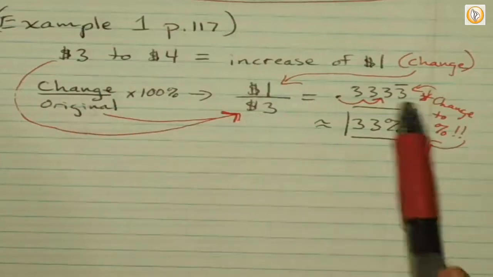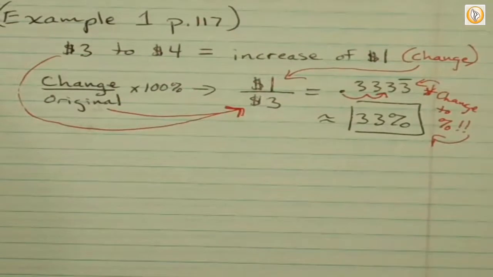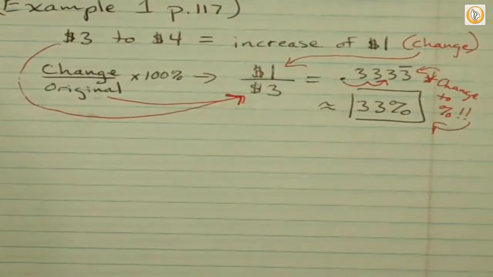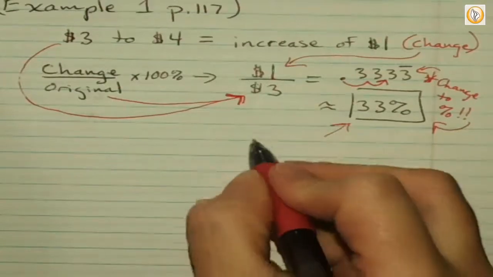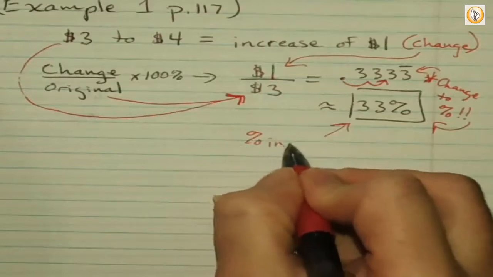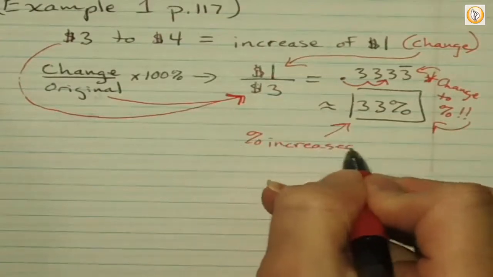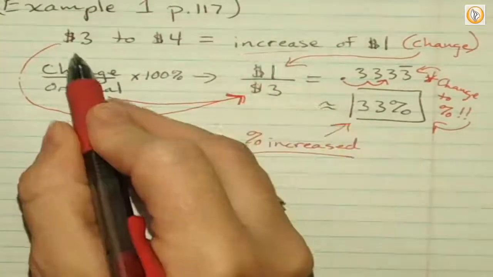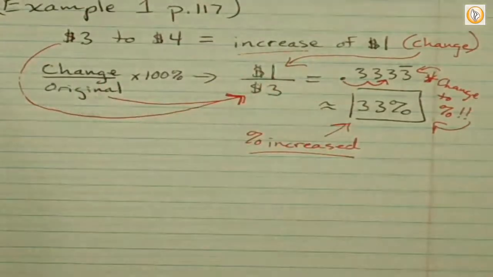That goes on there. You divide, change to percent. Any questions? All right, second part of that question said, determine both the percent increase. This was the percent increase, right? Because he increased it from $3 to $4.